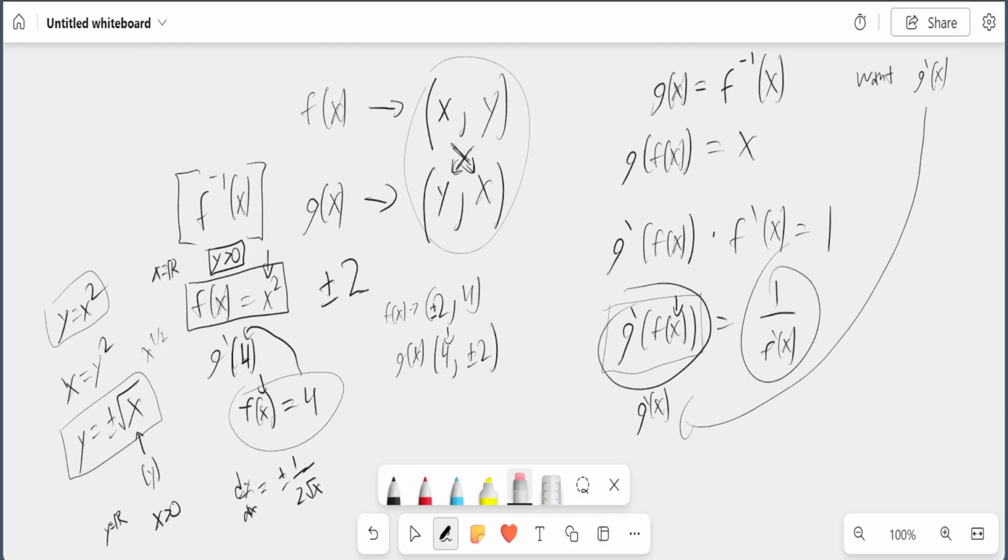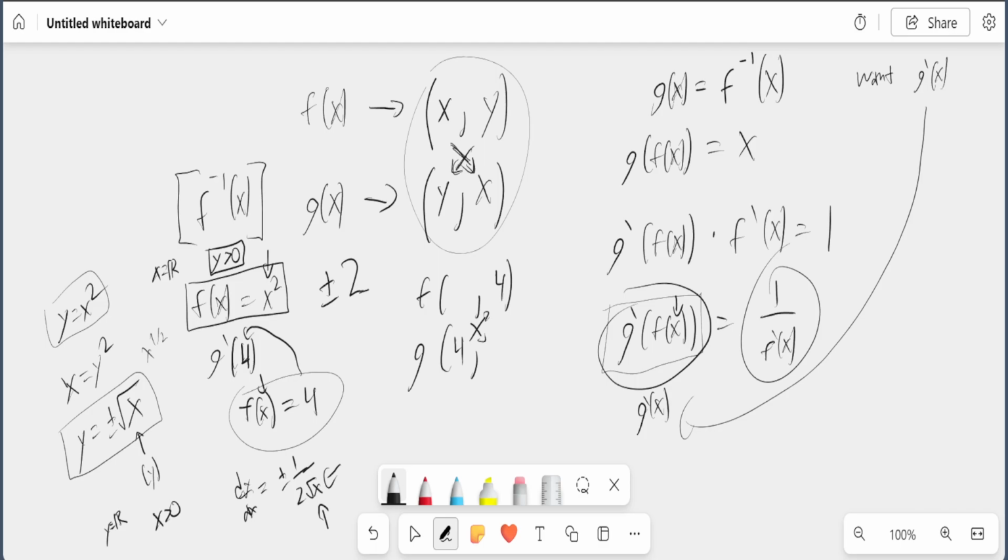So what do we plug in here? If we want g prime of 4, we don't plug 4 into our x here, because of our inverse. So let me redo this. If in g we plug in 4 and we get some number, and if we plug that number into our f of x, because of the switching, we get 4.